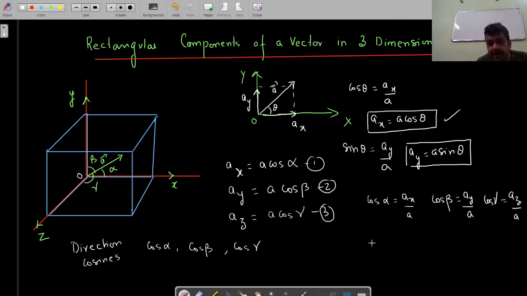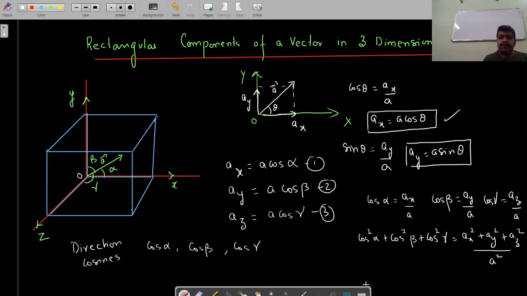If we square and add, what do we get? Cos square alpha plus cos square beta plus cos square gamma is equal to ax square plus ay square plus az square divided by a square. Now, ax, ay, az are nothing but the components of A along the x-axis, y-axis, and z-axis.